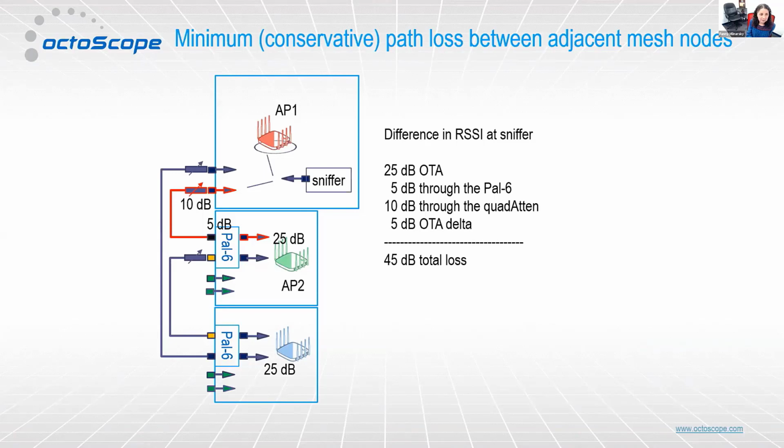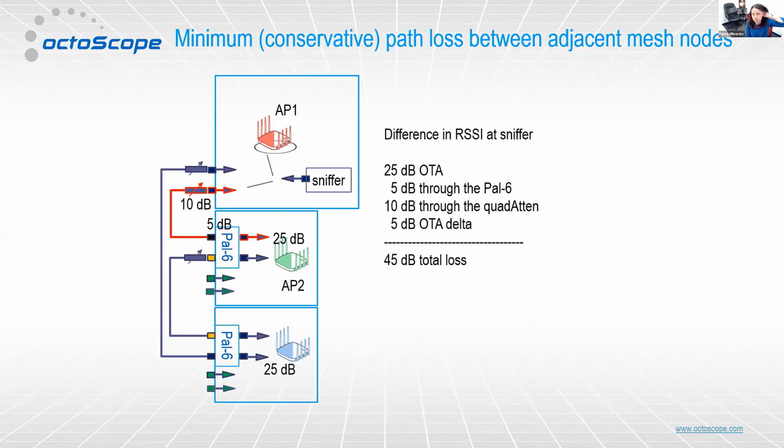In the local chamber where the sniffer is sitting, it hears AP1 at something like minus 21, 22 dBm, very strong. But it also hears this high gain antenna that is in red there, a slightly lower signal, because those two are across the chamber on different walls. So we gave it a delta of 5 dB. That's a local delta for the sniffer.